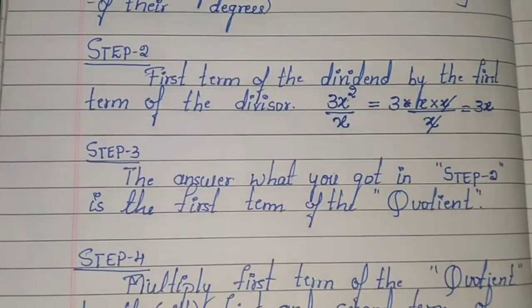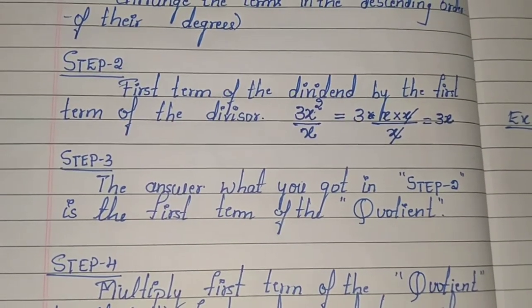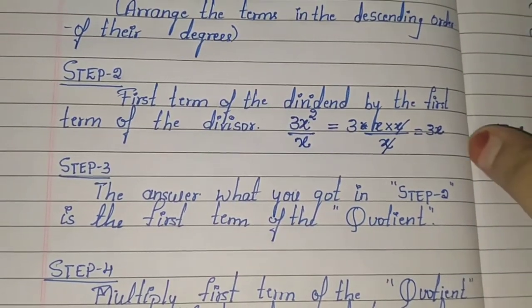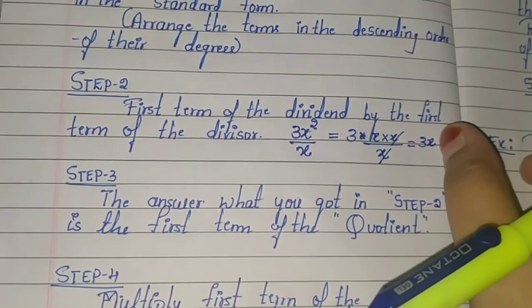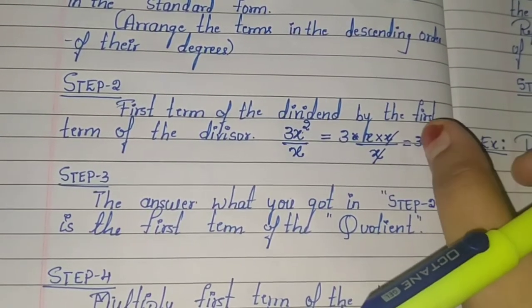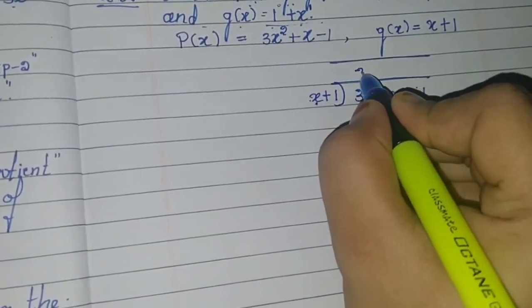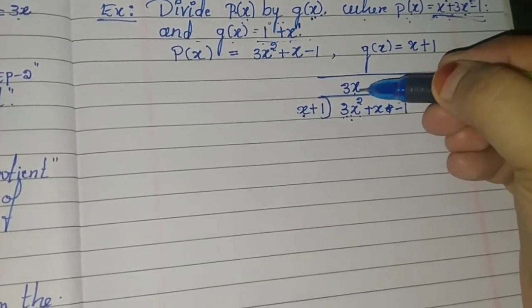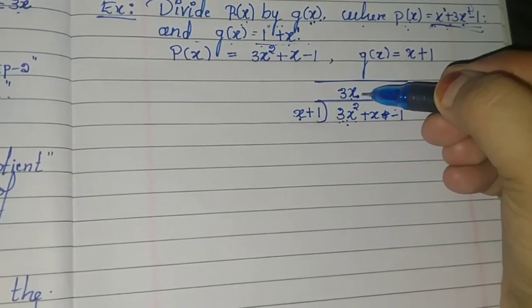The answer you got in step 2 is the first term of the quotient. Whatever answer you got in step 2, that means you got 3x here. That is the first term of the quotient, so you have to write it in place of the quotient.